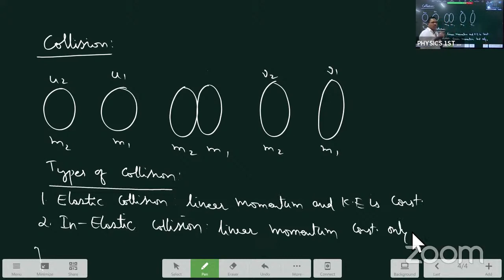That means kinetic energy is not constant in case of inelastic collision. So we will go through this in detail.